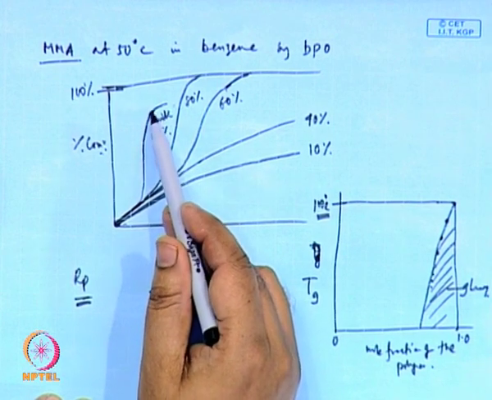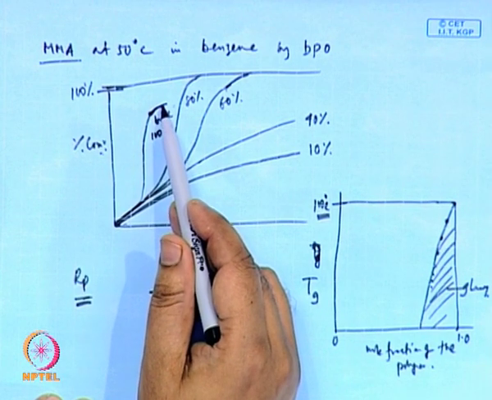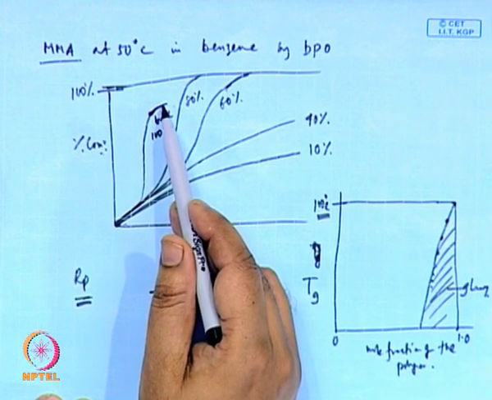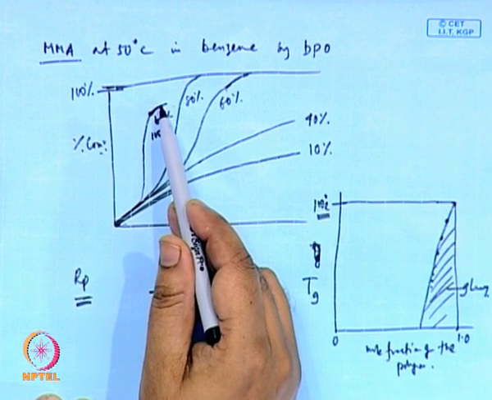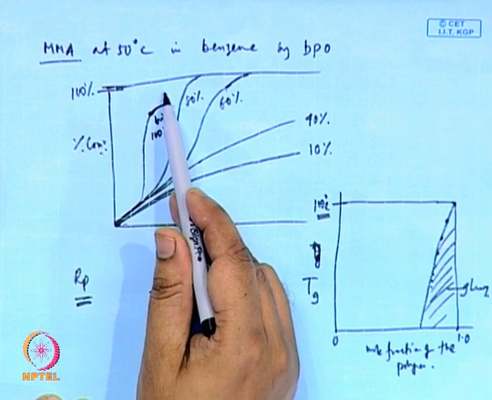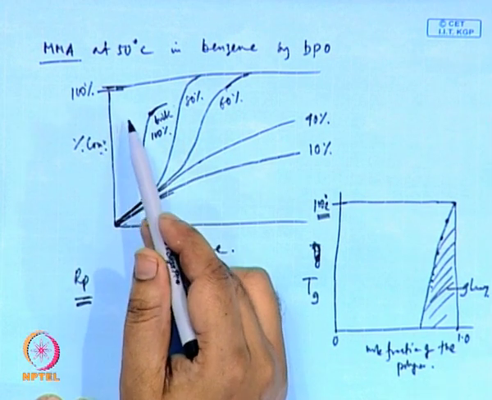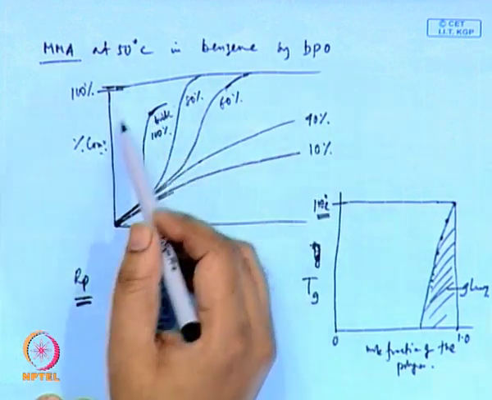So, in the bulk polymerization, this is the point where the Tg of the polymer present in this case has become higher than the reaction temperature. If the reaction temperature is 60 degree, in this case 50 degree.